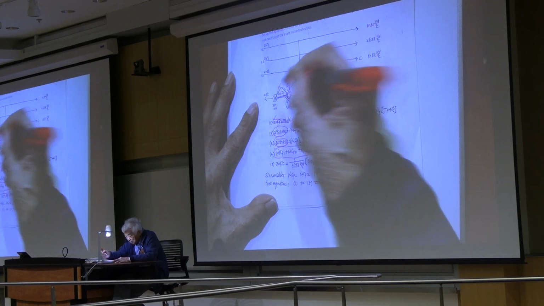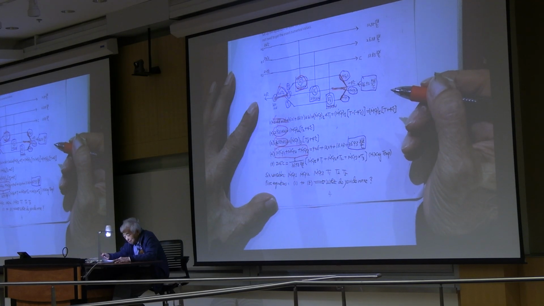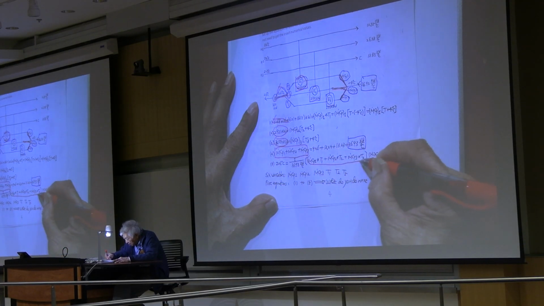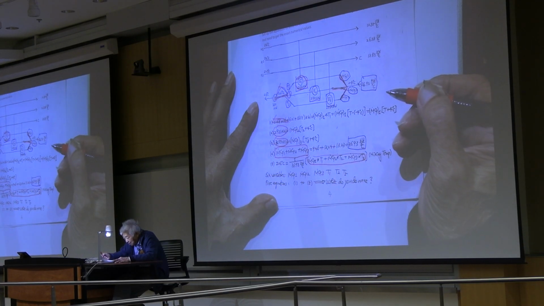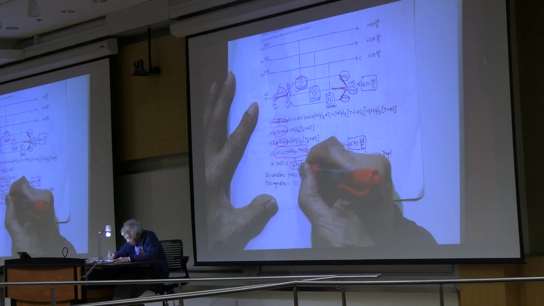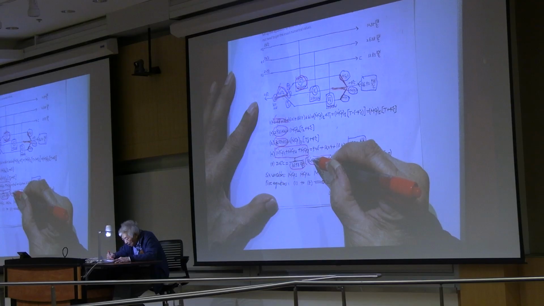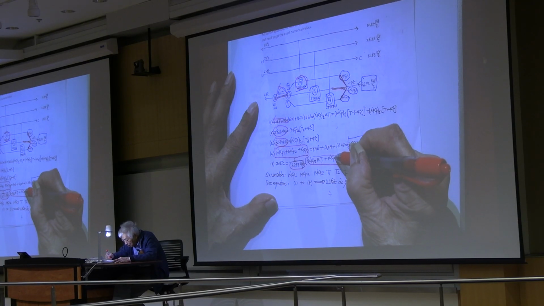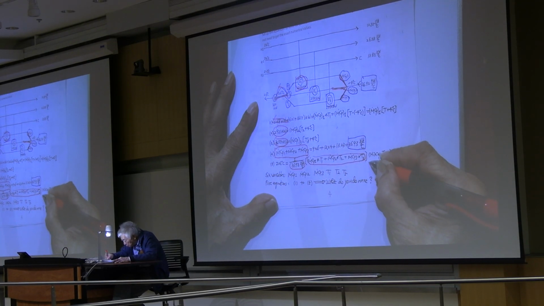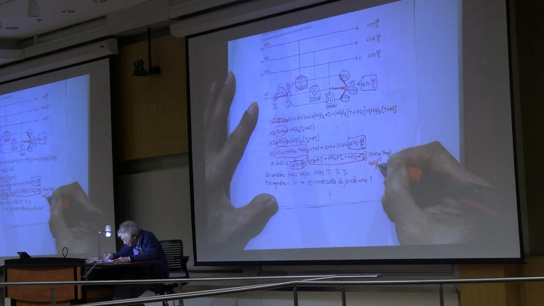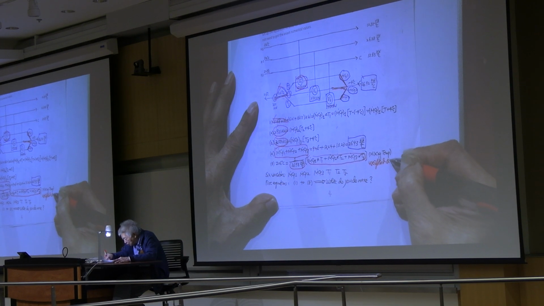Mixing temperature, the way you do it, total heat duty divided by capacity flow rate, MCP1 T1, MCP2 T2. This is the weighted average.